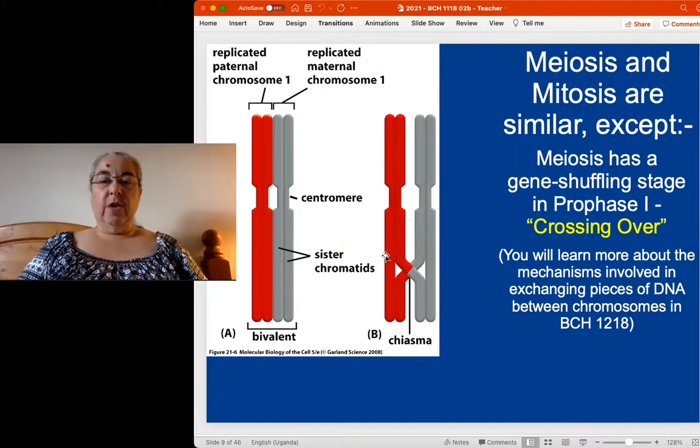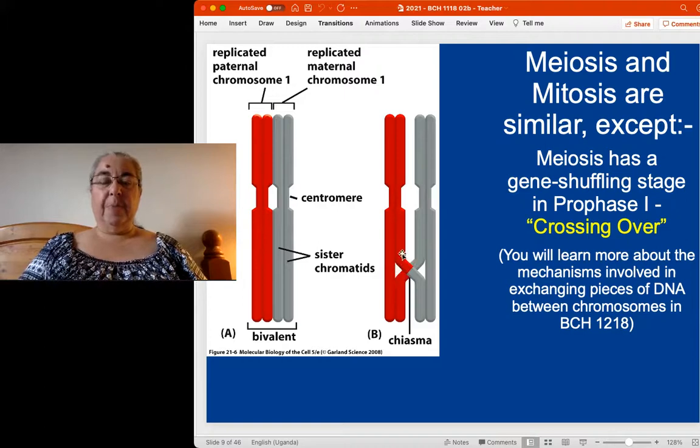So crossing over then takes place, and parts of the genetic material are moved from one chromosome to the other. Here we see the end of this chromosome. The red one here is joining onto the grey one, and the grey one joining onto the red one.